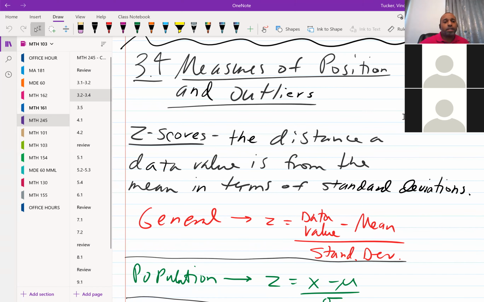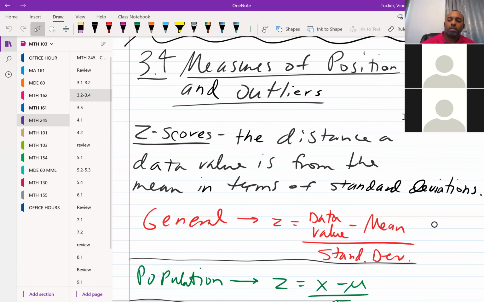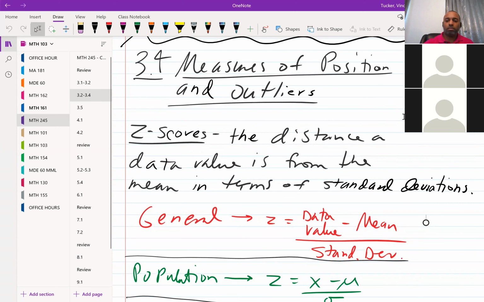Z-scores will be the distance a data value is from the mean in terms of standard deviations. The general formula to calculate your Z-score is your data value minus the mean divided by the standard deviation.